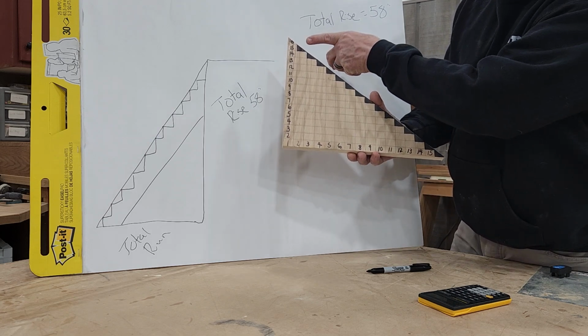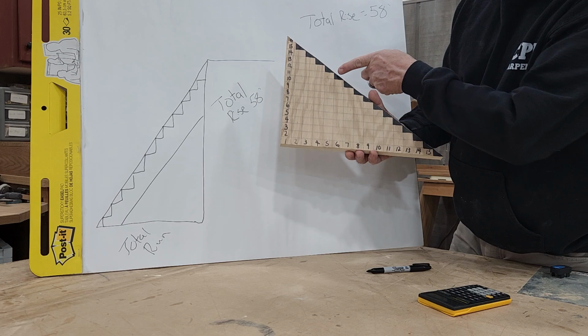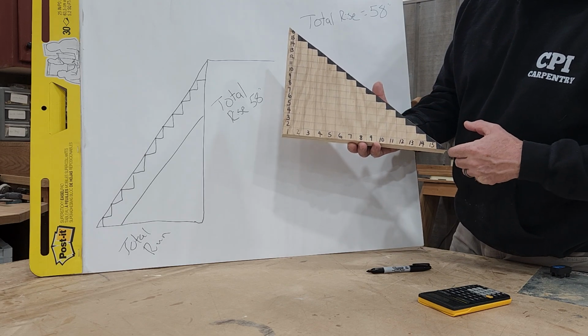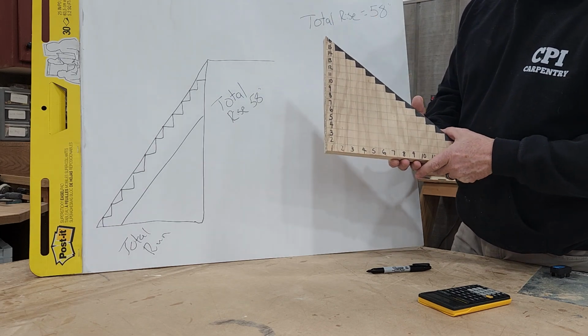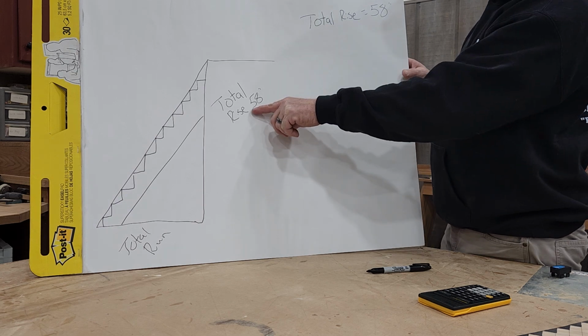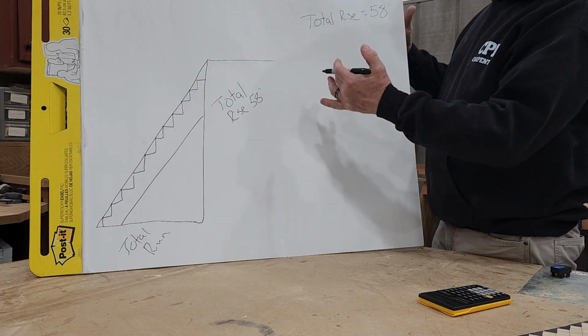And if they connect, you can see how they form the smaller, more manageable triangles. That's what we're trying to create so that we can go from one level to the next comfortably and safely.